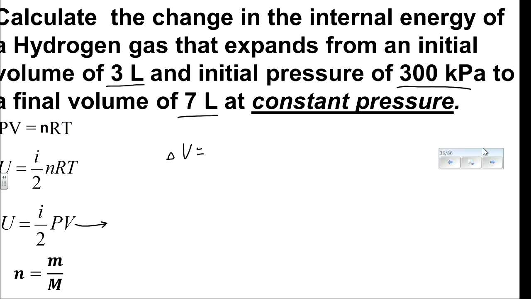Delta U should be equal to, still hydrogen, pressure remains constant, kilopascals. And the volume changes, final minus initial. Final is 7 liters, 7 times 10 to the negative 3.